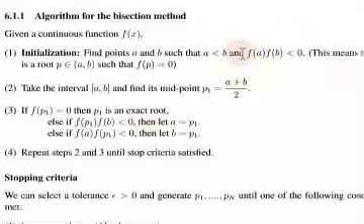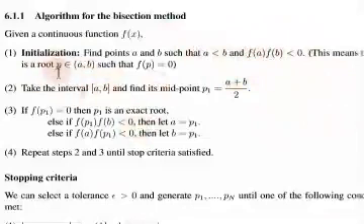Then check this condition. You can evaluate f of 1 and f of 2, take the product of these two quantities and look at the sign. If it is negative, then you can say that there exists a root in between A and B, right?